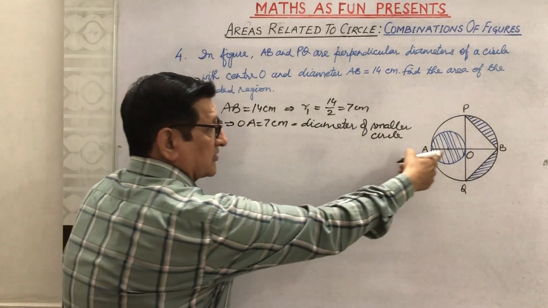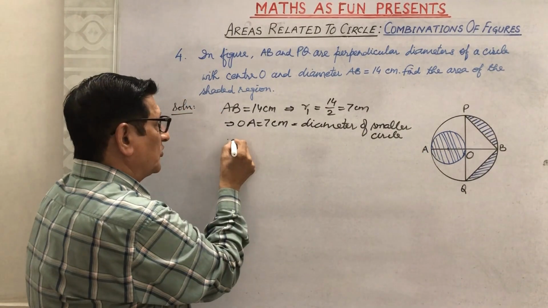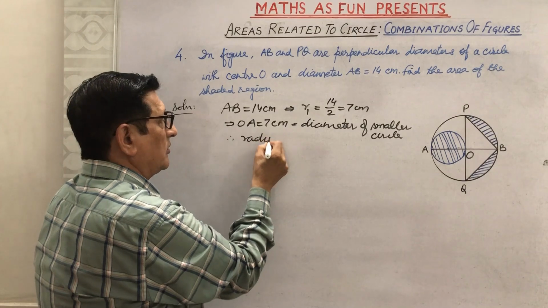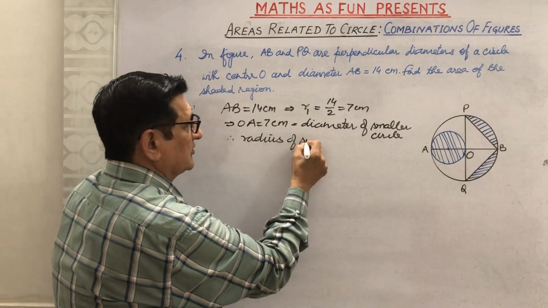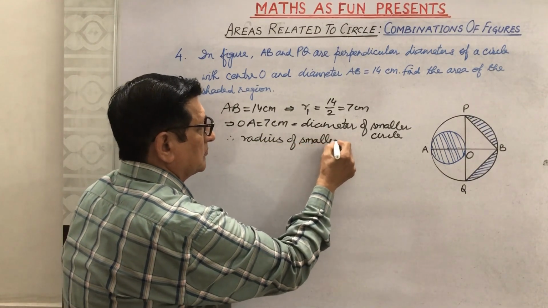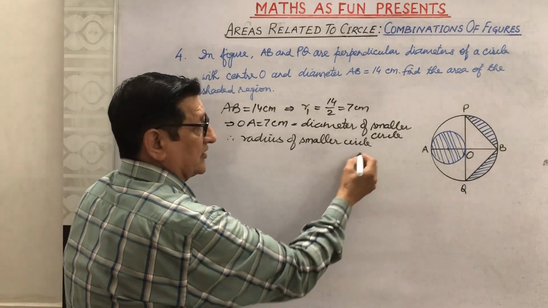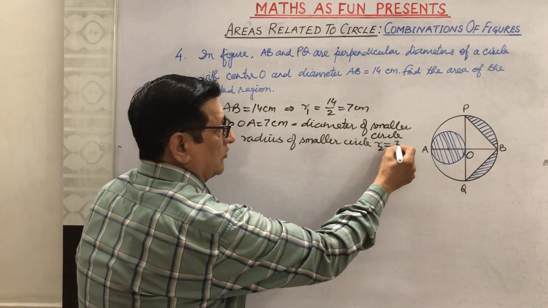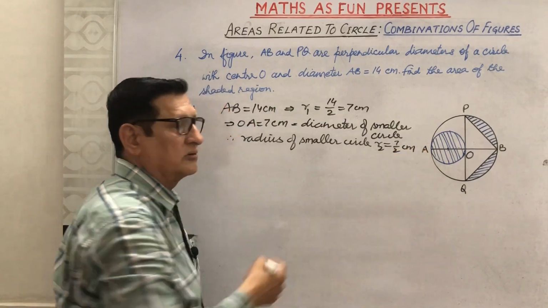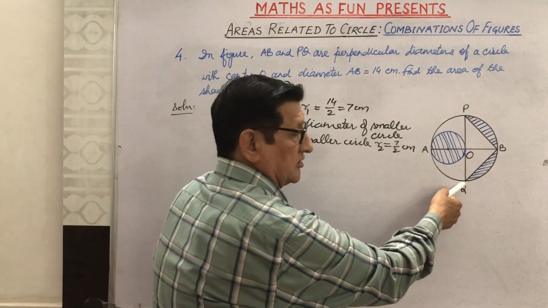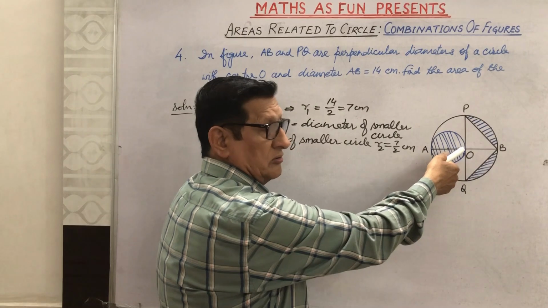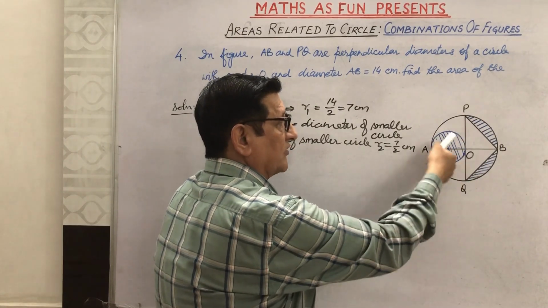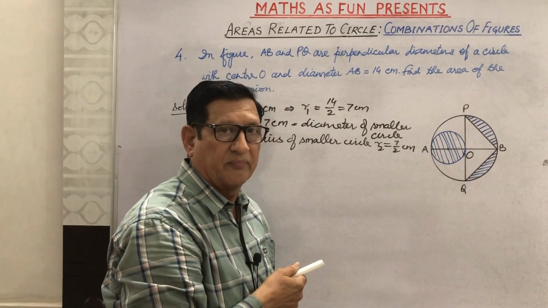It means what is the radius of this? Therefore, the radius of the smaller circle, suppose R2, will be equal to 7 by 2 centimeters. The total shaded region, as I told you, has two segments and one smaller circle.